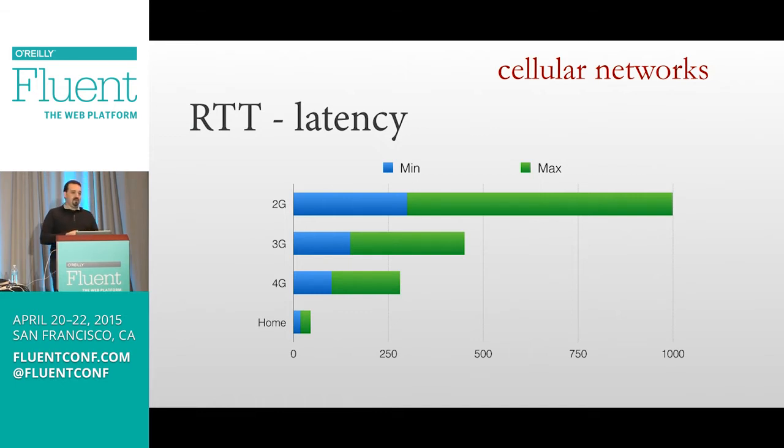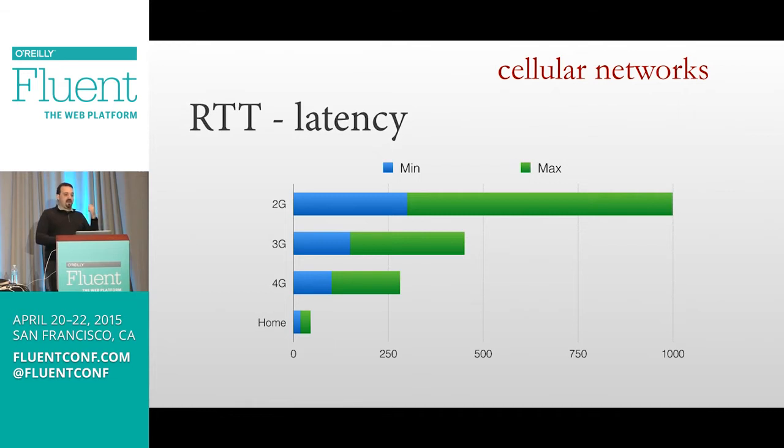So look here, in 2G, it can be up to 1 second. 1 second of nothing before the first byte appears from the server. Per request, per file that you are downloading. On 3G, it's better. It's between 150 and 450. And in 4G, it's between 50 and 250, roughly, milliseconds.